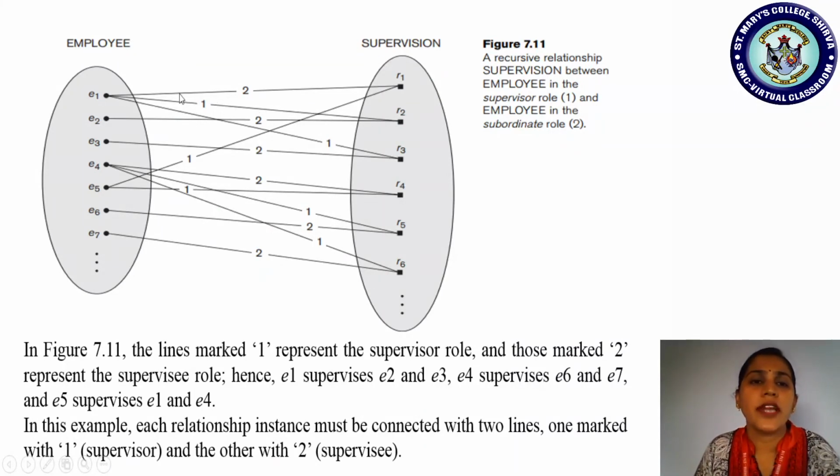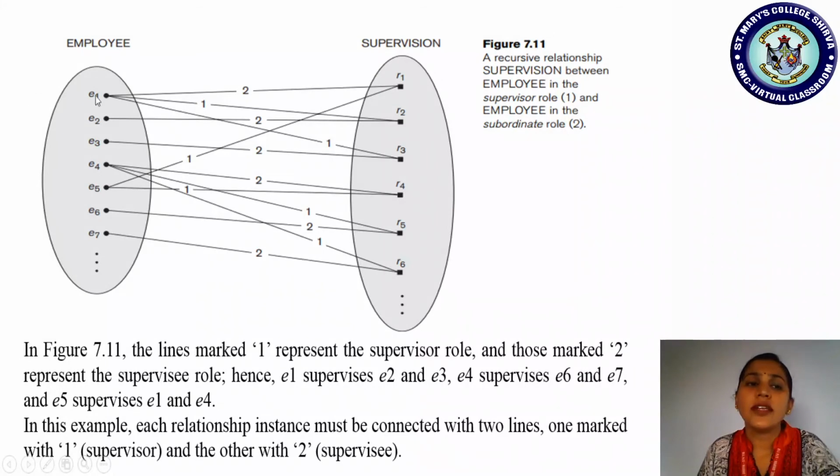Let us now understand what is this 1 and 2. See, in the above diagram, the lines marked 1 represent the supervisor role. So it is a recursive relationship. The same entity is participating twice in two different roles. So 1 represents in which role the entity is participating, and 2 represents in which other role the entity is participating. Those marked 1 represent the supervisor role, and those marked 2 represent the supervisee role.